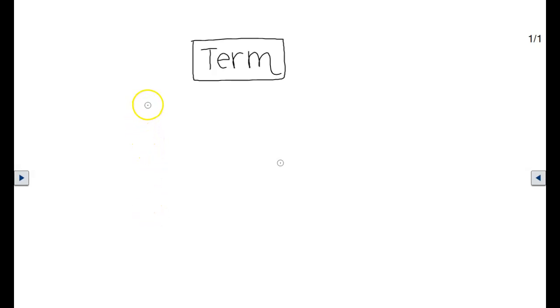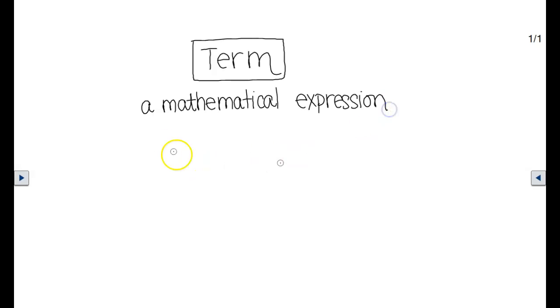Now, here's what you need to know. A term is a mathematical expression with two parts.